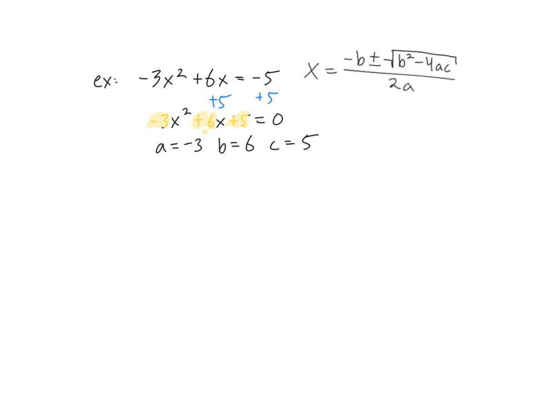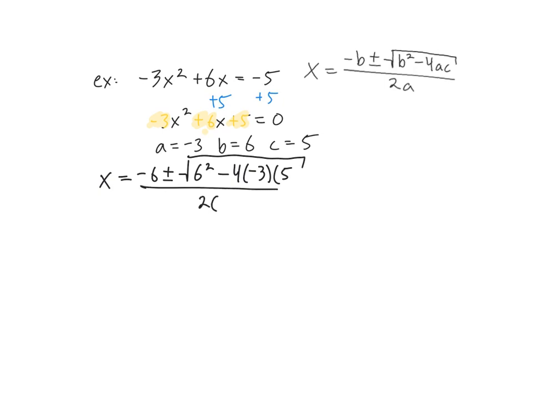So we've got x equals, well, what is b? b is 6, so negative 6 plus minus the square root of b squared, so 6 squared, minus 4 times a, which is negative 3, times c, which is 5, all over 2 times a, which is negative 3.